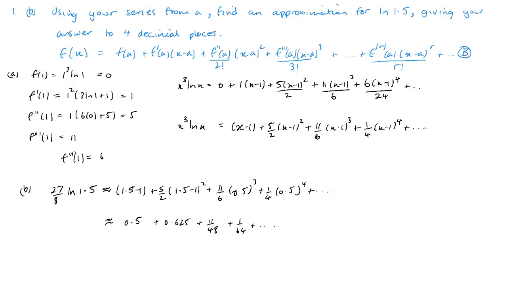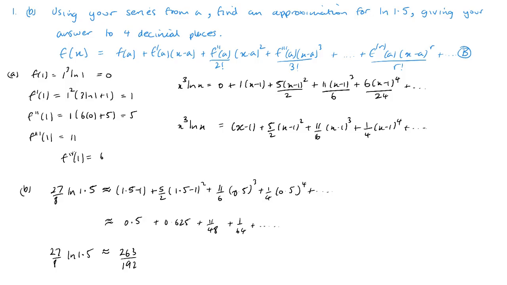Okay, so if I add that up, 1 over 64 plus 11 over 48 plus 0.625 plus 0.5, I get the fraction 263 over 192, and that's 27 over 8 ln 1.5.